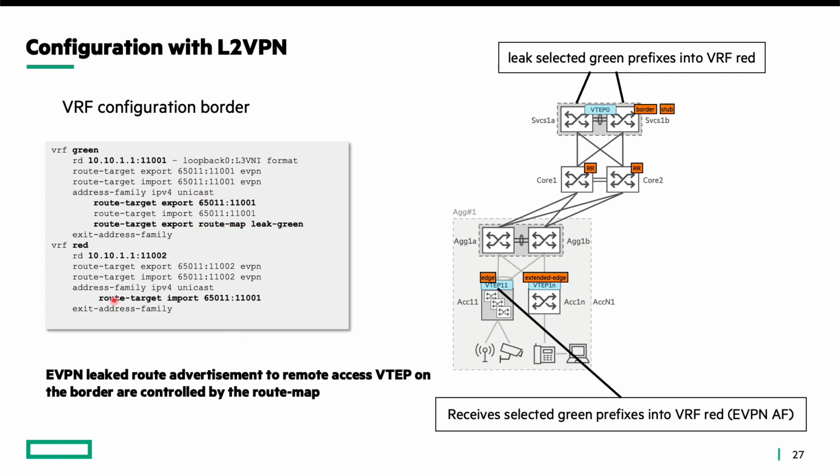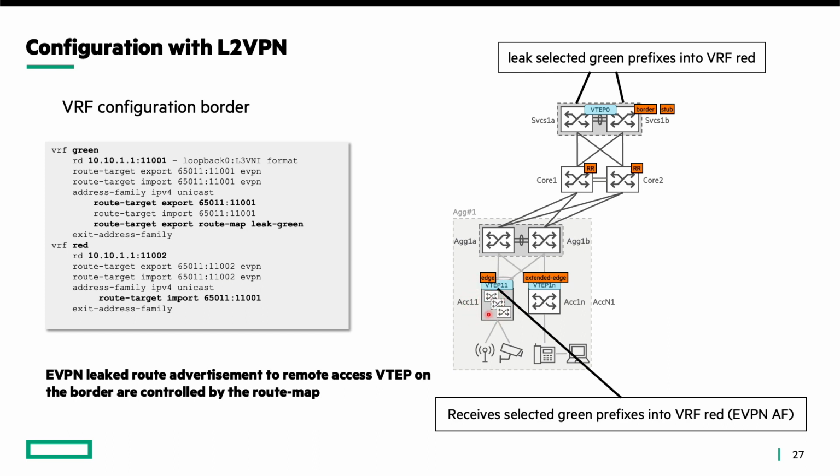On the VRF red, you will then import this route target that has been set in this IPv4 address family, and an access VTEP, which is receiving the different VRF routes through the EVPN address family, will be able to receive the green prefixes into the red VRF at this stage.